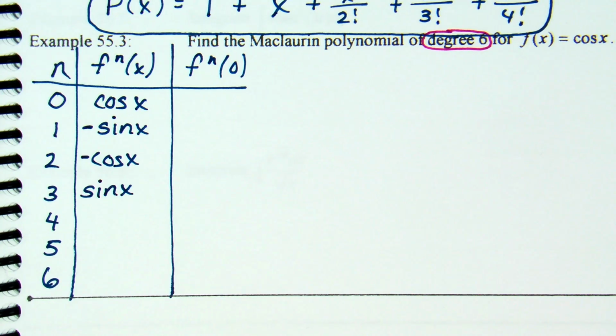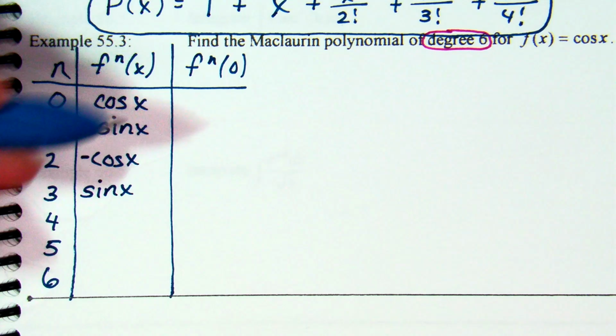Next derivative. The derivative of sine is cosine. Derivative of cosine is negative sine x. Derivative of negative sine x is negative cosine x.